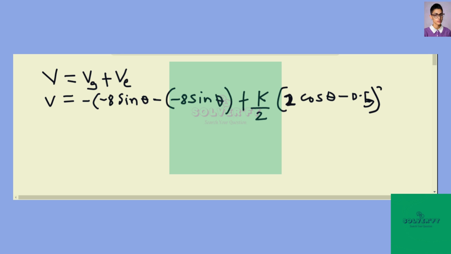Then you also plus consider the other spring force, same thing, 2 cos theta minus 0.5, squared.